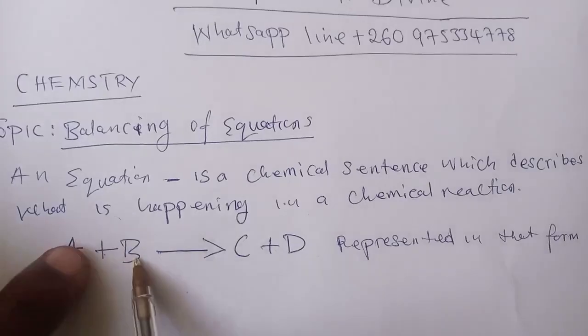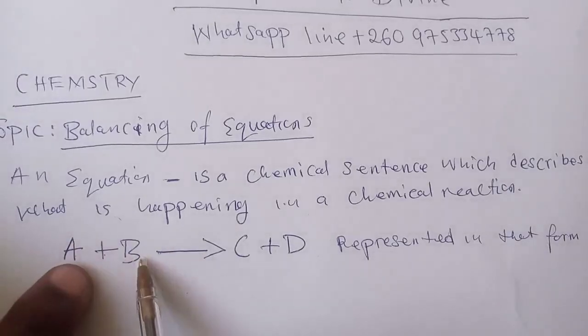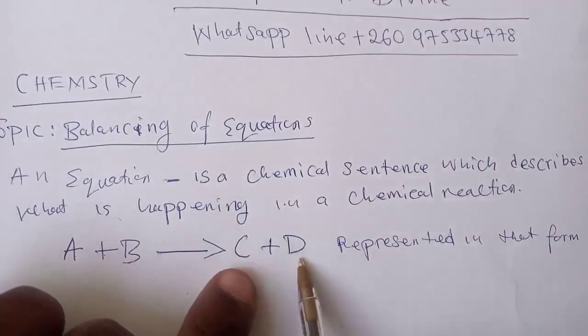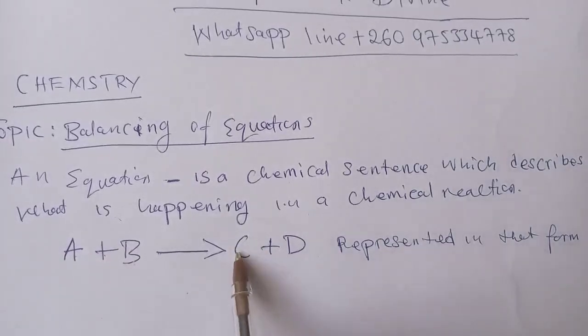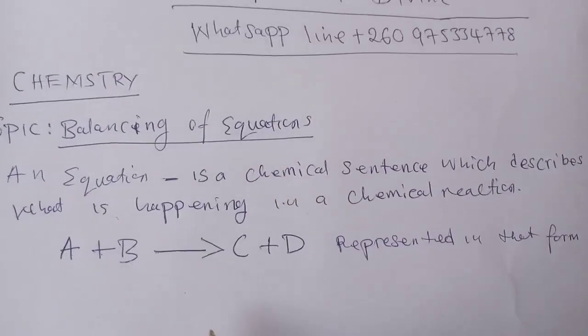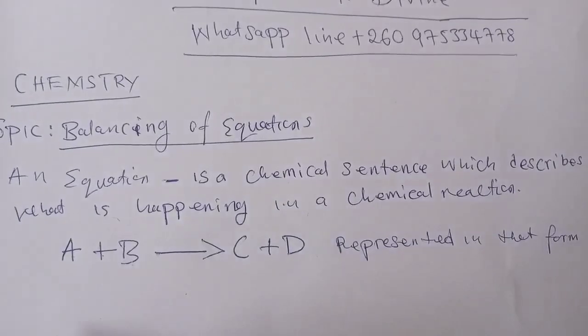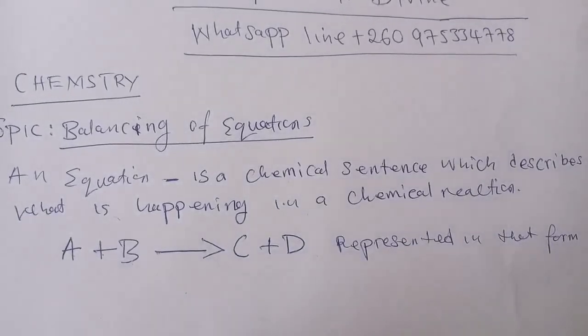So A and B represent the reactants, and C and D represent the products.